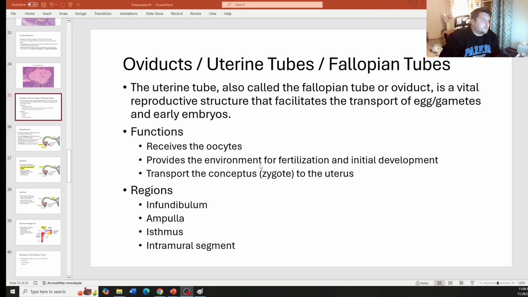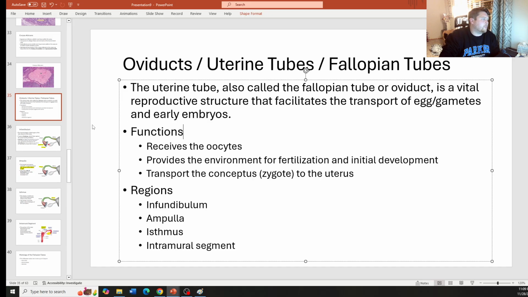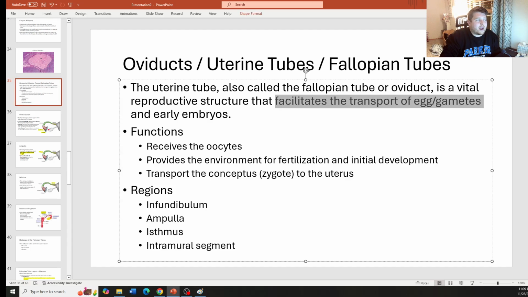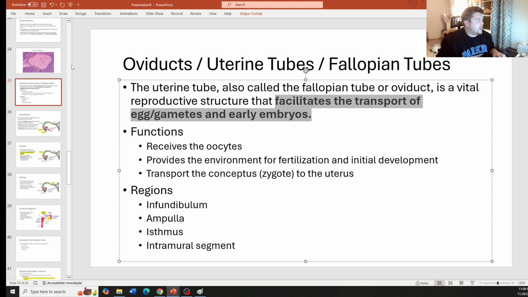We're going to be continuing right where we left off, talking about the uterine tubes, fallopian tubes, oviducts, all those AKAs for the same structure. So the uterine tube is a vital reproductive structure, and it facilitates the transport of eggs, gametes, and early embryos.